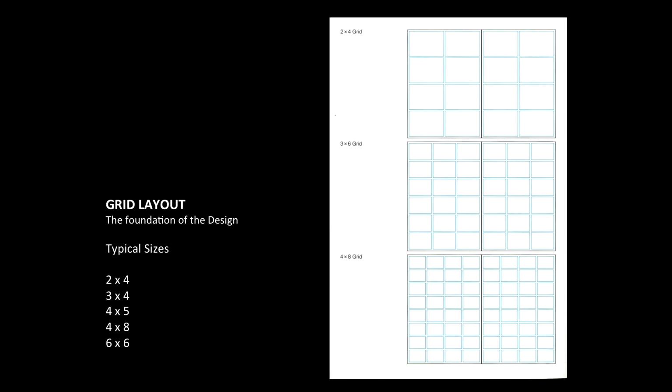What does the grid allow you to do? The grid allows you to organize the information, setting up a series of what we call datum lines or reference lines for the organization of both text and image.